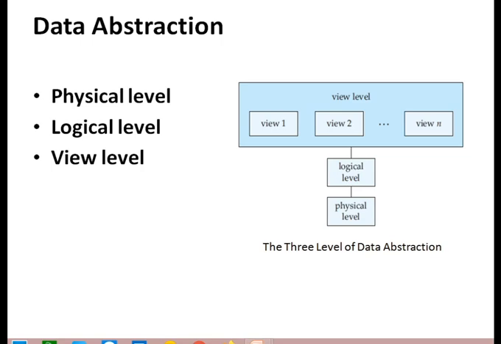This is known as a particular view level. Even though the logical level uses simpler structures, somewhat of the complexity remains at the logical level, but at the view level all the complexity gets hidden. Hence, the view level of abstraction exists to simplify the user's interaction with the system.